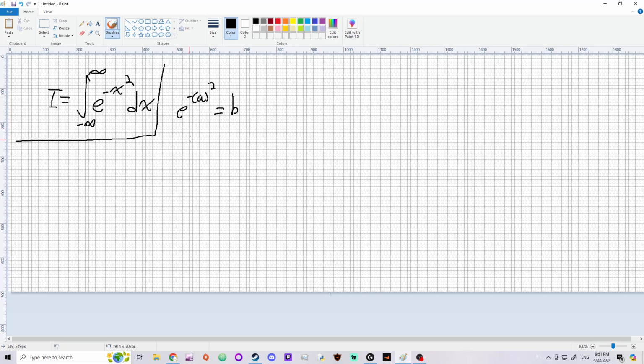And then e to the negative times negative a squared is just equal to e to the negative a squared, and we just said that was equal to b, so it's b. Therefore, e to the negative x squared is an even function. So this is an even function.